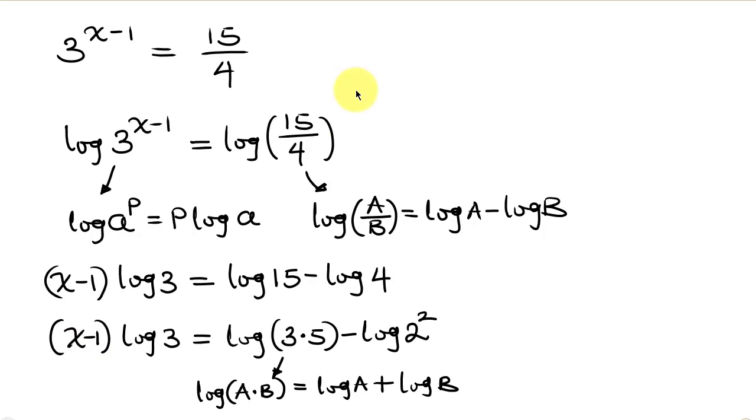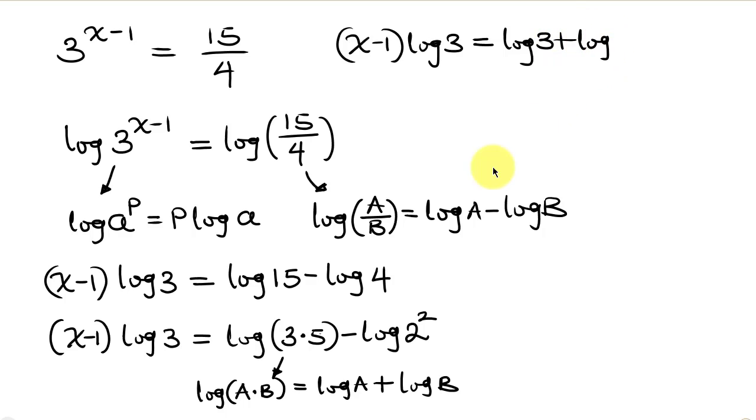So this becomes (x minus 1) times the log of 3 equal to, now writing this in this form, we have the log of 3 plus the log of 5 minus, now apply the power law of logarithm here.